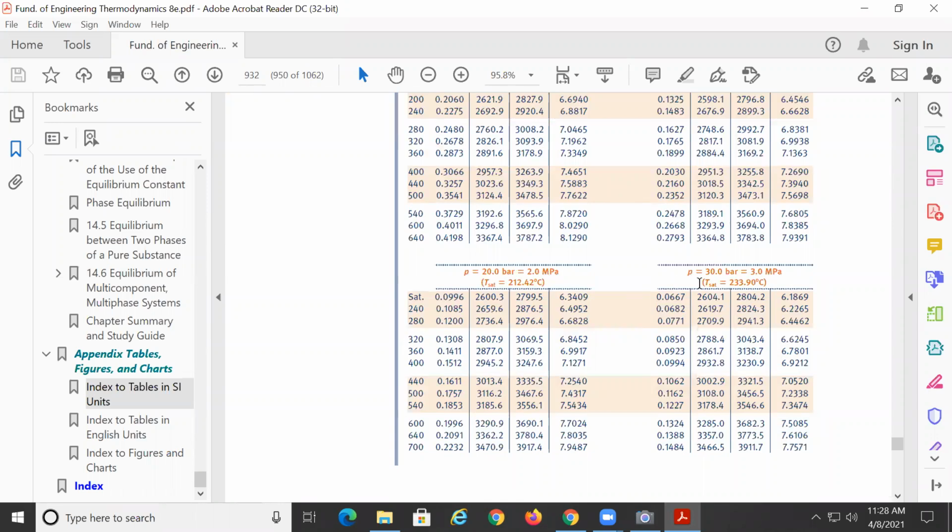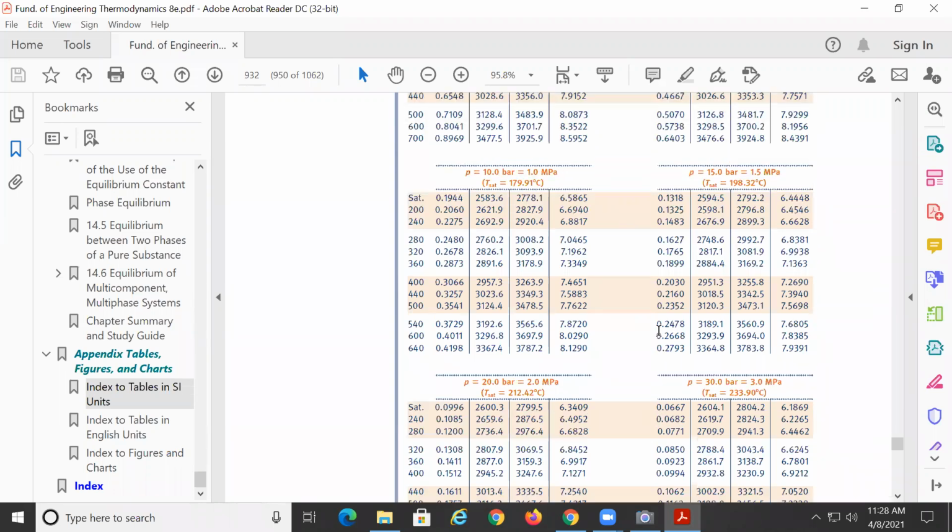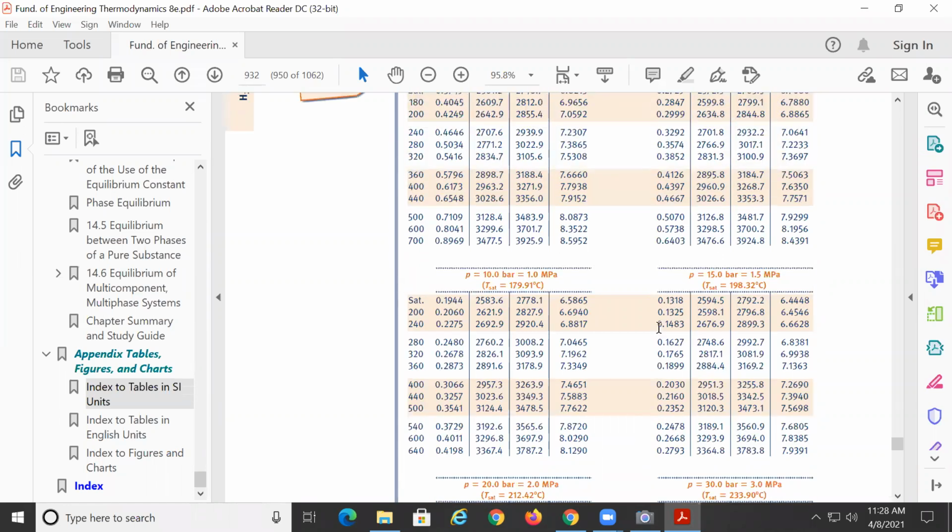Okay, so what do we need to do? We need to interpolate. So we're gonna have to interpolate between 320 and 350, no? Okay. So the value that we want is the H. Do we need also the S? Probably we need the S as well. So let's do both.